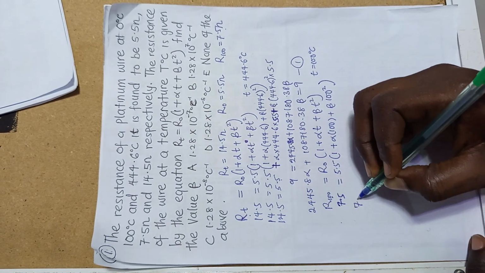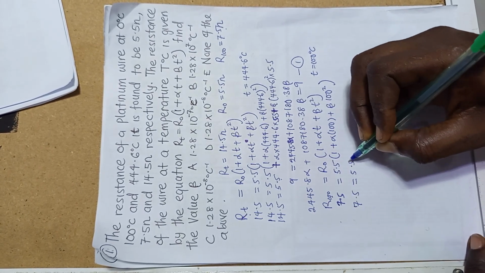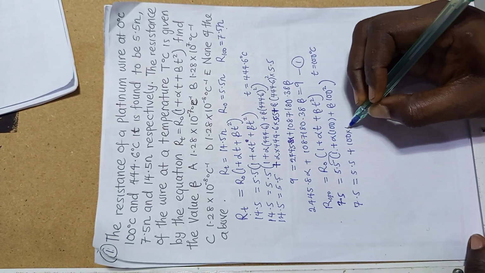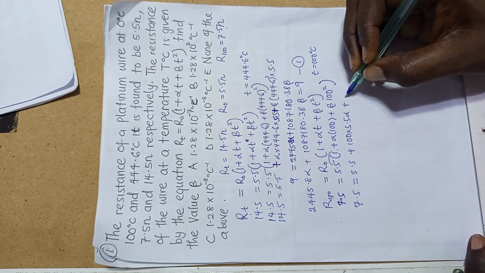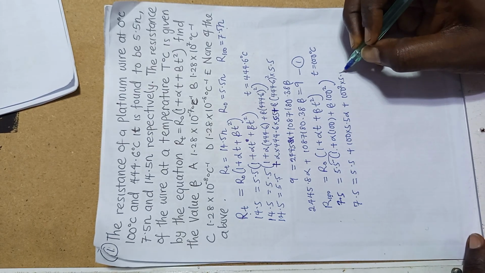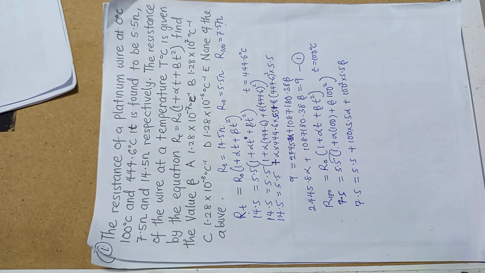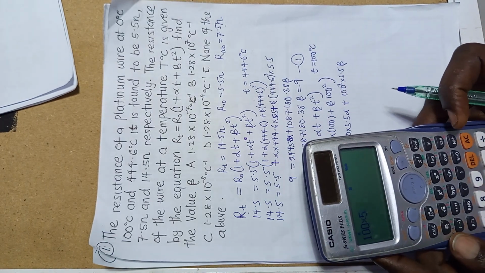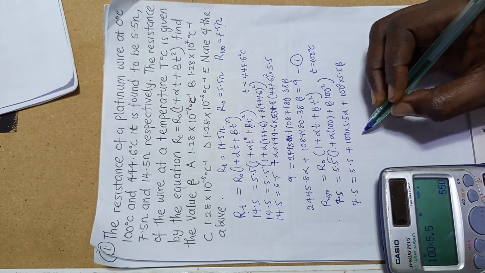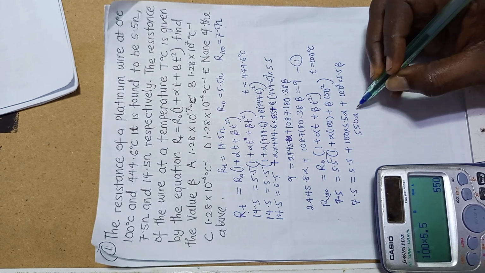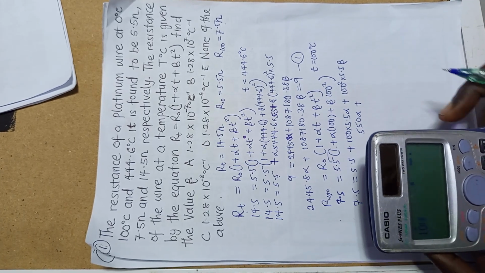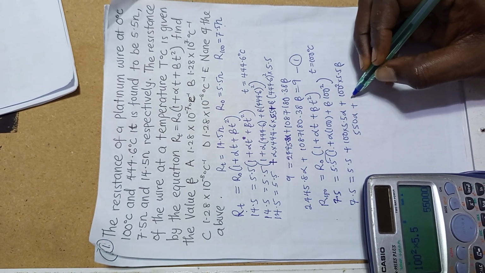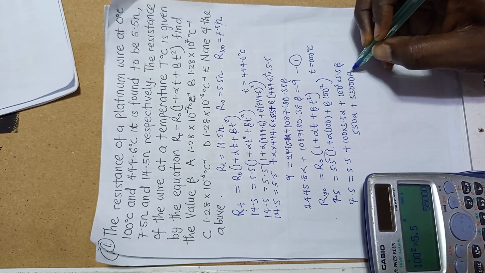Now, 7.5 equals 5.5. If you open the bracket, this multiplied by this, this multiplied by this, I want to have plus 100 times 5.5 alpha plus 100 squared times 5.5 beta. So that is 550 alpha plus 100 squared times 5.5, which is 55000 beta.